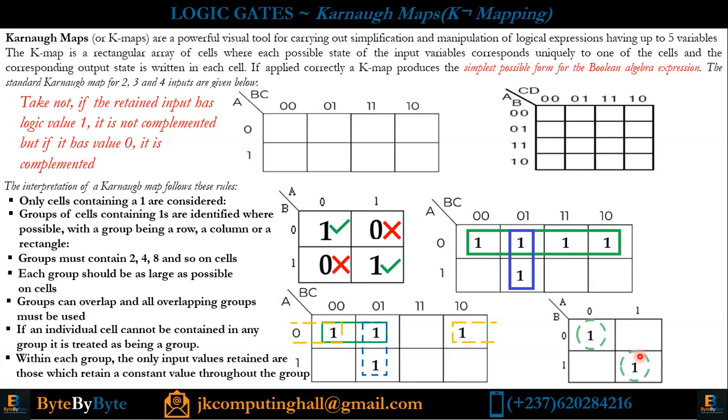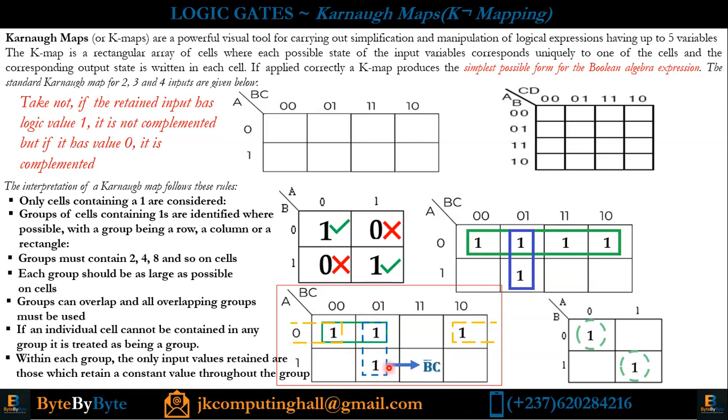Let us proceed. If you consider this particular case, let us take this particular case for you guys to better understand this point. Okay, you realize that this blue is giving me B bar C. Why is it giving me B bar C? Let us understand it very well. In this group, what do we have?